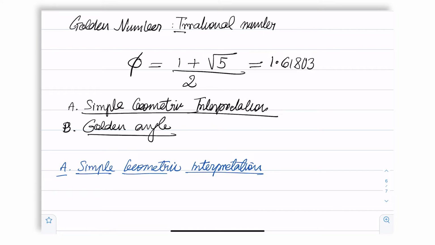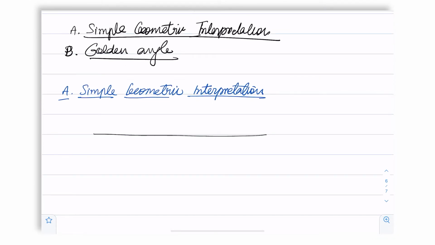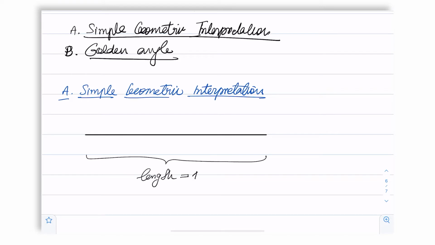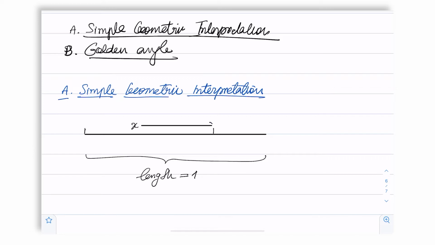Consider a segment of a beam or a line, which is of unit length, to be divided into two unequal parts, x, and therefore by definition 1 minus x.